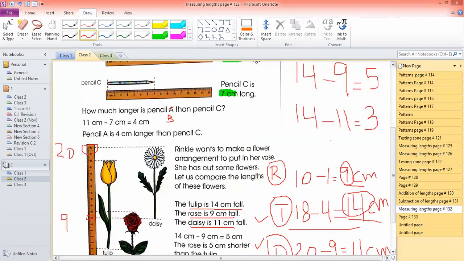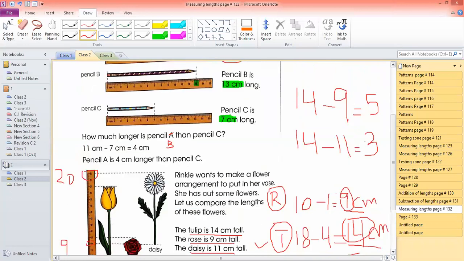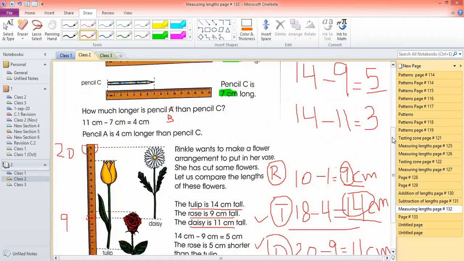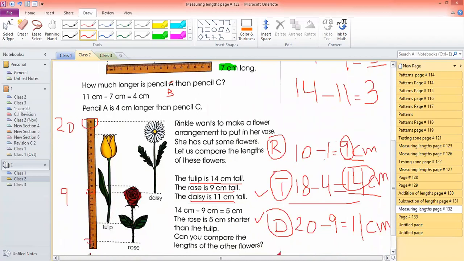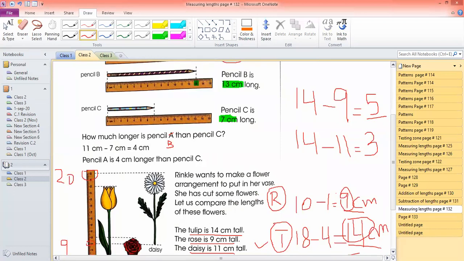You will do 14 minus 9. That is 5 centimeters. So you will say, sir, Tulip is 5 centimeter longer than Rose. If I ask you, okay, how much longer Tulip is than Daisy? So you will minus 11 from 14. That will be 3 centimeters.